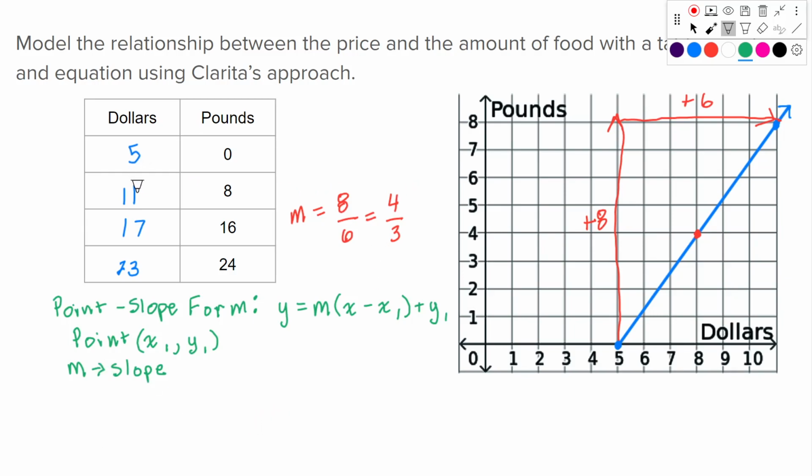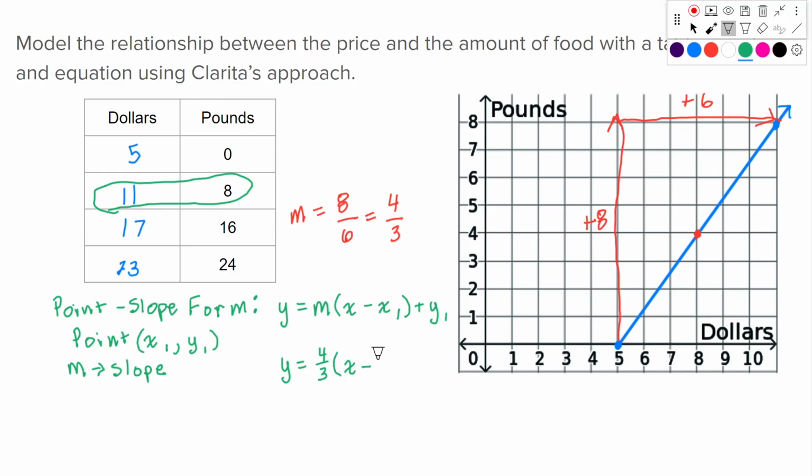We could use any of these pairs to write our equation. I'm going to go ahead and use the second pair. It really doesn't matter which pair you use. You can write an equation using any of them. y equals, our slope is 4/3, times x minus, this is always a minus here. The only time we would write a plus is if our x value happened to be negative, which it isn't in this case.